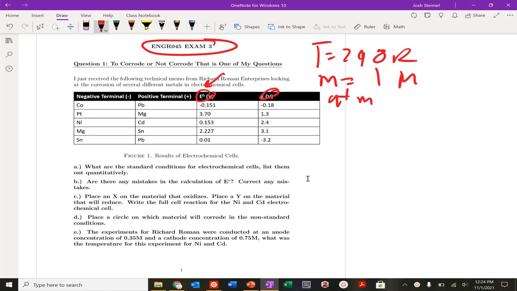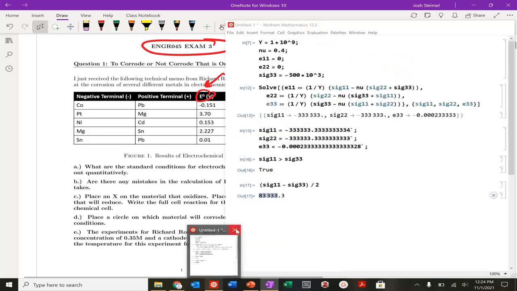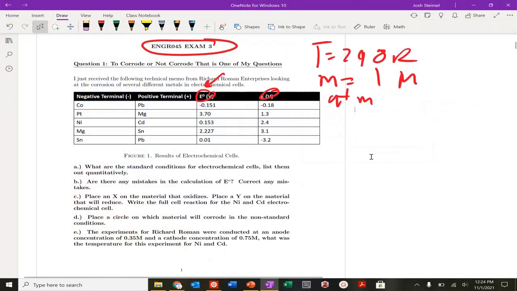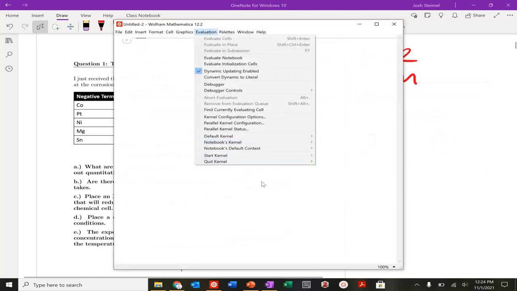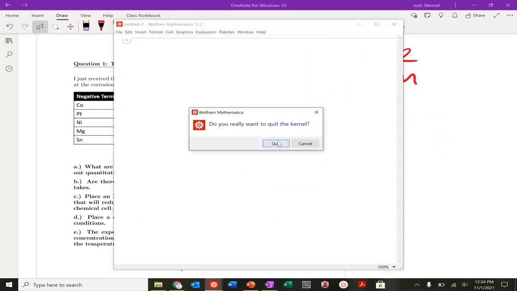Any mistakes in the calculation of E0? Well, let's figure it out. Let's pull up Mathematica. First, let's close this, don't save, and open up a notebook. Let's quit the kernel locally.